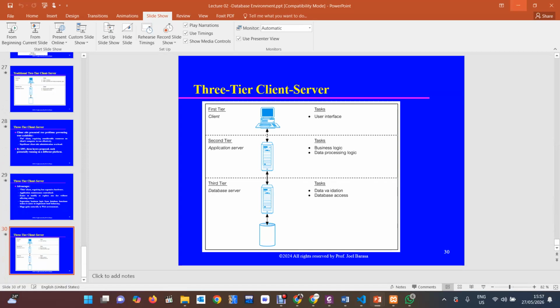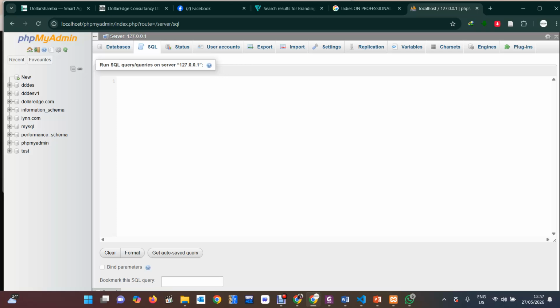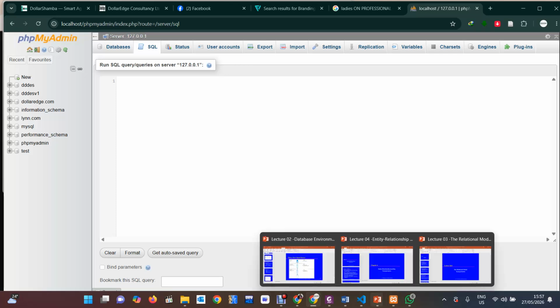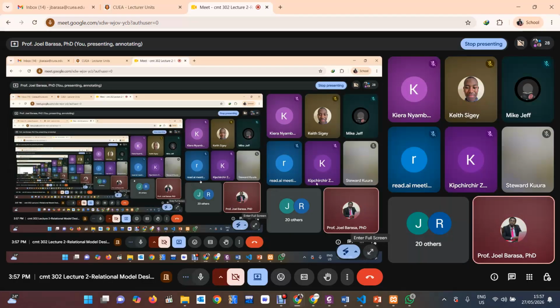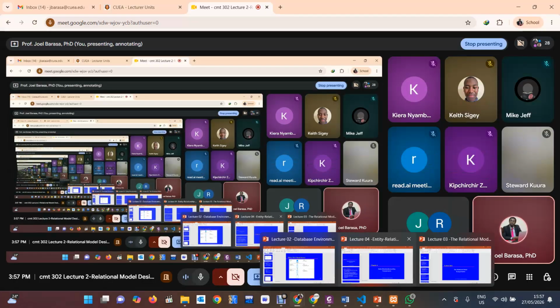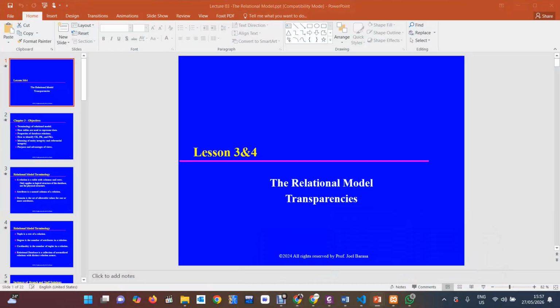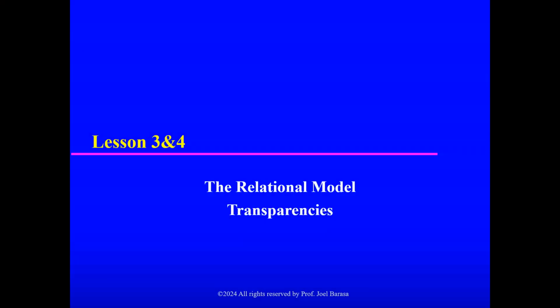Now, having looked at all those, we can look at what is called relational models. Let's look at relational models now.